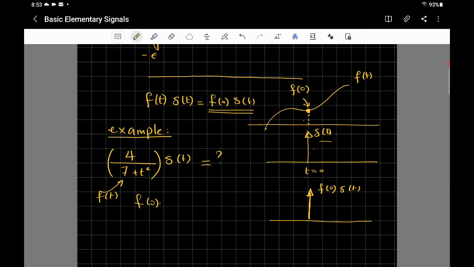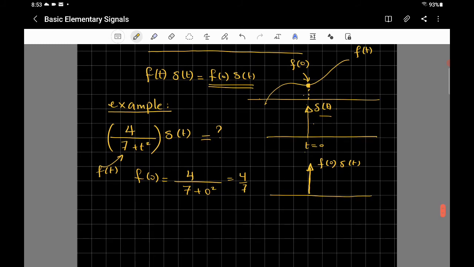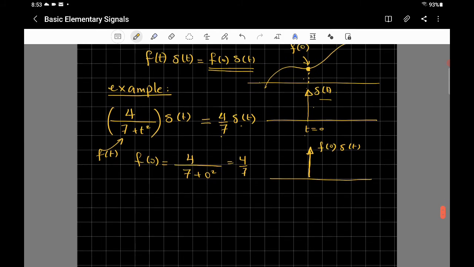F of 0, it means you put t equals 0 in this function, 4 over 7 plus 0 squared. It's equal to 4 over 7. So the result will be equal to 4 over 7 delta t. It means you're going to have an impulse function of amplitude 4 over 7.